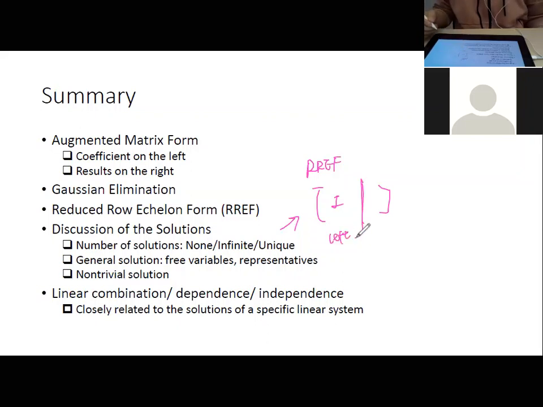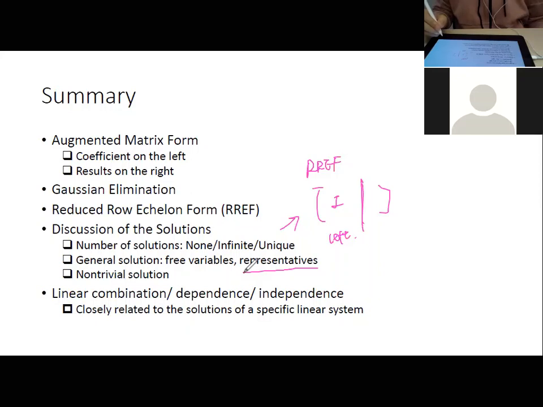And then for general solutions, you should know how to get the free variables, how to find the leading variables, and then you should use the free variables to represent the leading variables. And you can write down the representation of the general solution. The general solution can be written in more than one way. And the key point is to keep the inner relationship in the vectors.